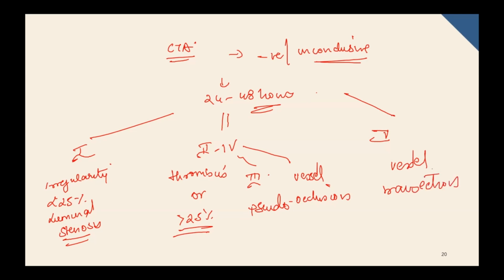So now if we consider the management, if it is grade 1, you just start the patient on heparin therapy and do CT angiogram after 7 to 10 days of starting the antithrombotic therapy. If it is persistent or the injury is still there, you continue the antithrombotic therapy for 3 more months. If healed, then you stop it.